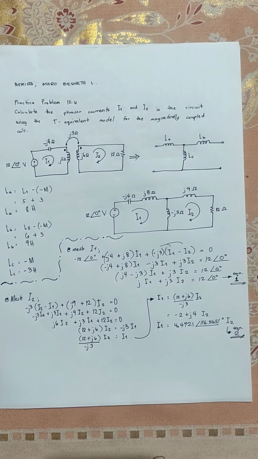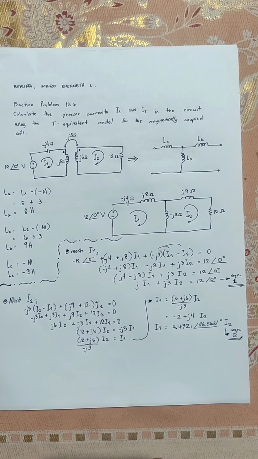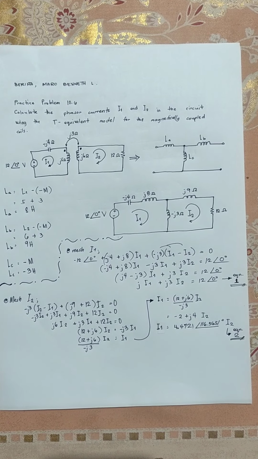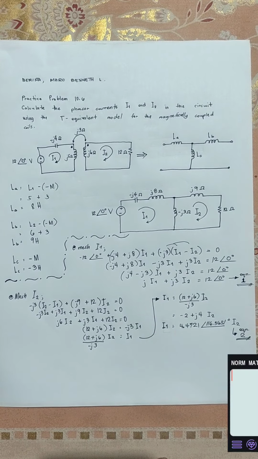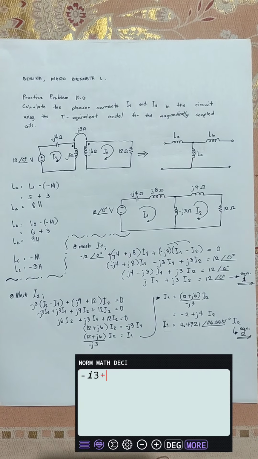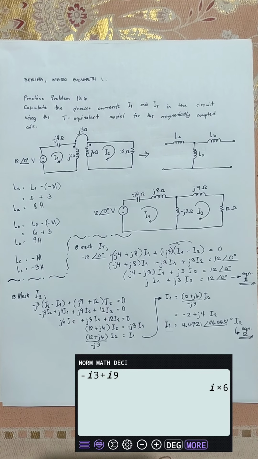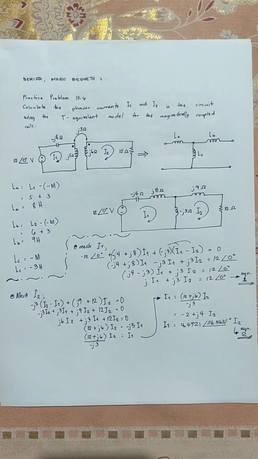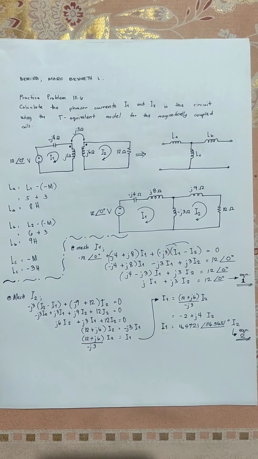Negative J3 I2 plus J3 I1 plus J9 I2 plus 12 I2 equals 0. We will combine like terms, negative J3 I2 plus J9 I2, and it will become J6 I2 plus J3 I1 plus 12 I2 equals 0.